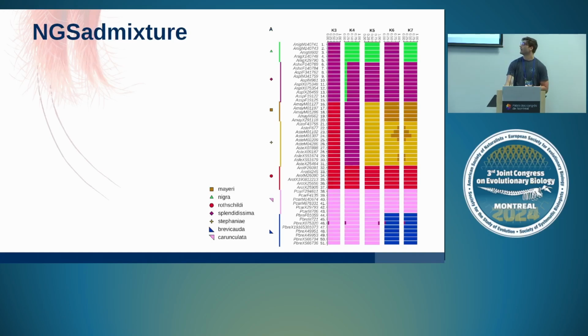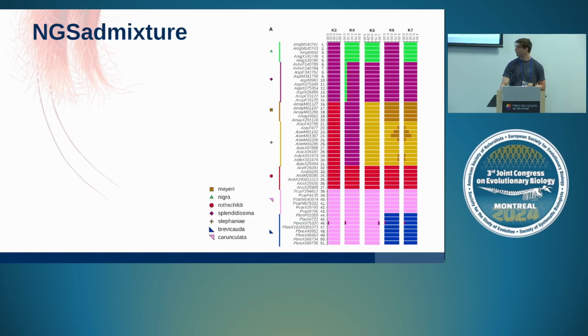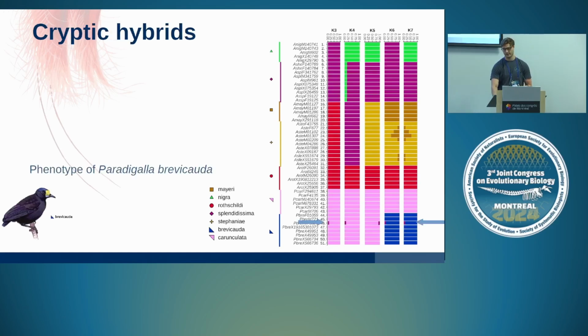And when we look at admixture-like analysis, we see that we have some signs of recent hybrids. Also, they're all named based on morphology, so none of them stick out phenotypically. They all look like the conspecific species.